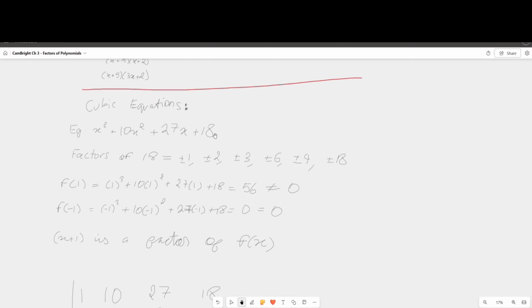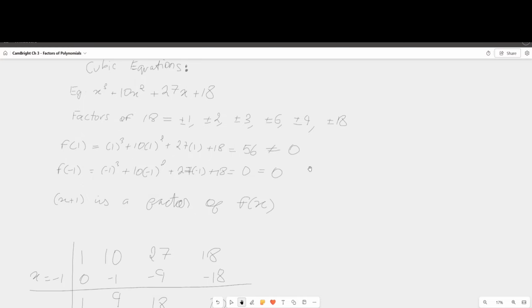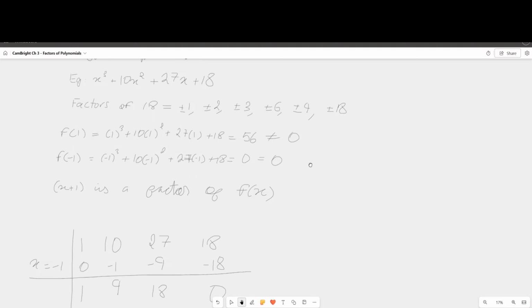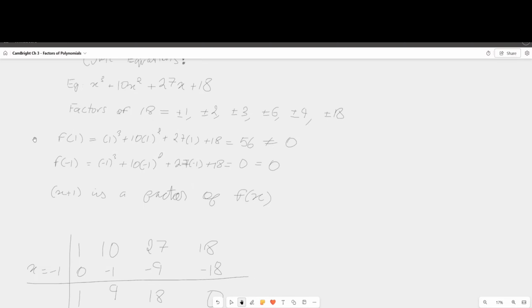And then we check for each of these factors whether the remainder is 0. This is a long process, but usually you'll get the answer as plus or minus 1 or plus or minus 2 for most numbers. After we've done that, we find out that f of minus 1 gives us 0. So x plus 1 will be a factor of f of x by these theorems.